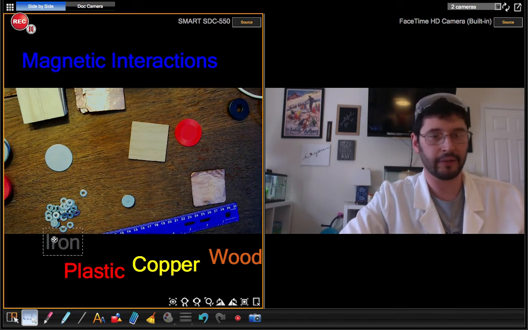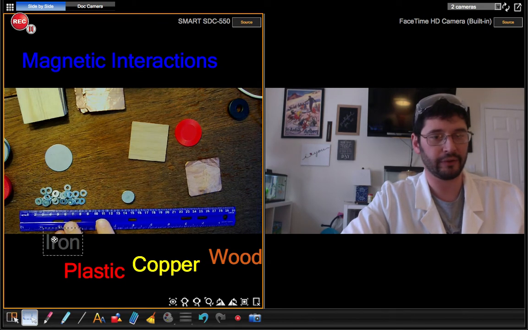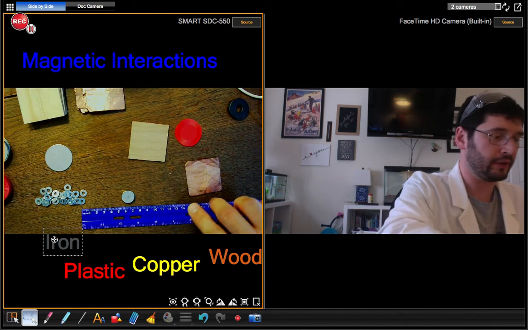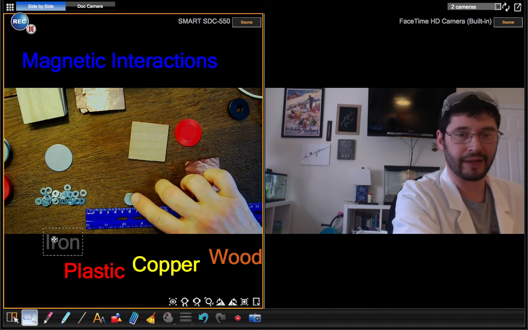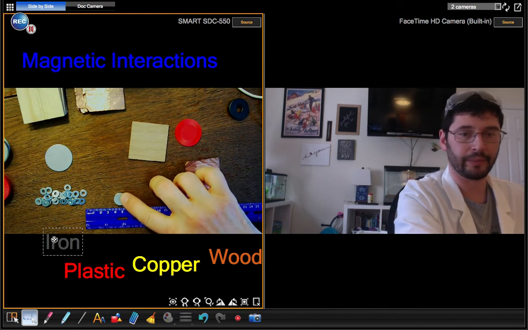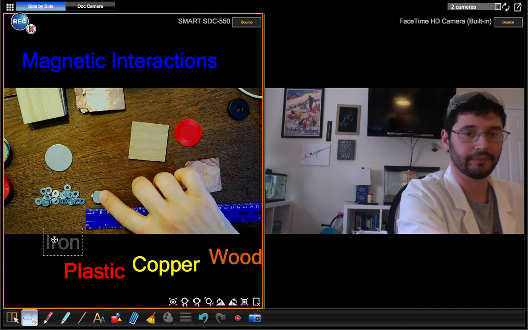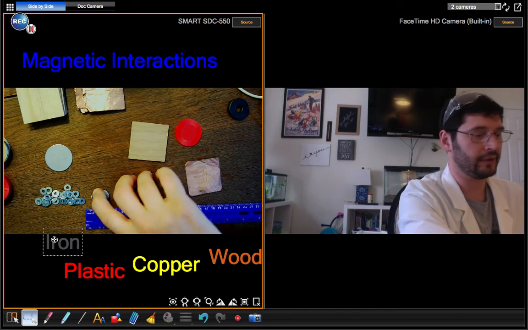I have a ruler here to give you an idea of distance. Right now our magnet is about 5 centimeters away. Let's see what happens. Oh, see how quickly that one attached to it? At about a centimeter away, that grabbed on.